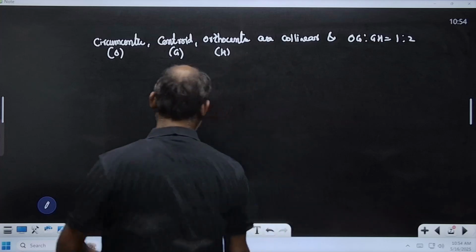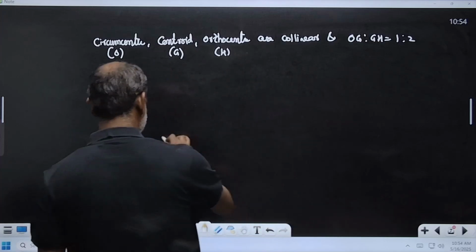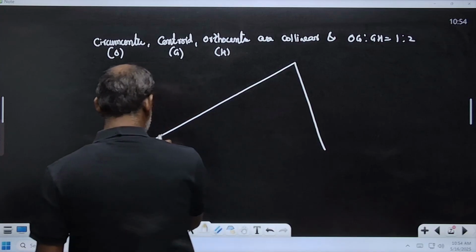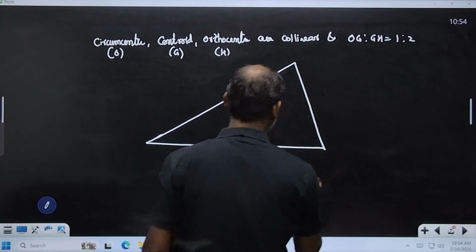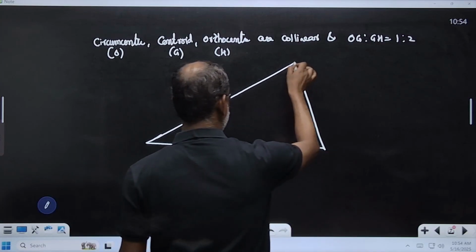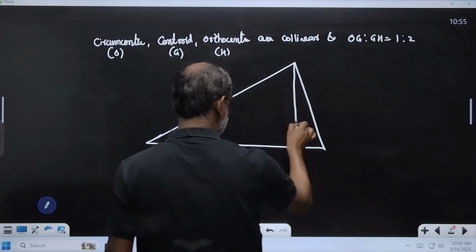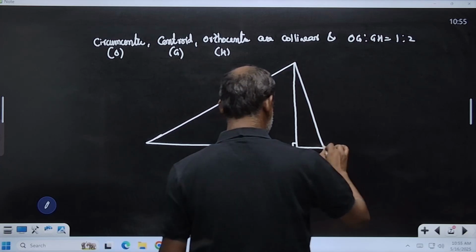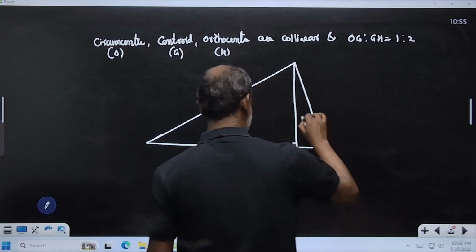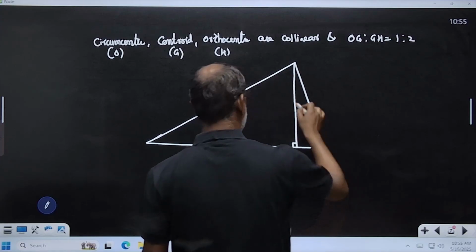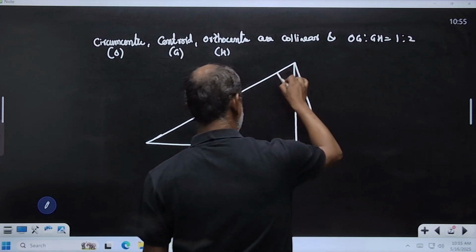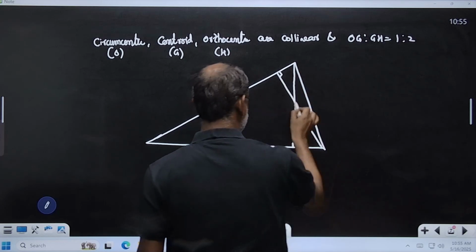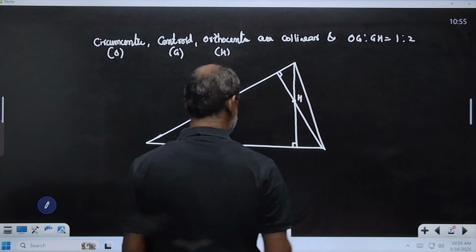So, one way in trigonometry we establish it is like this. Suppose you draw a triangle, say this is the altitude. This is our orthocenter.